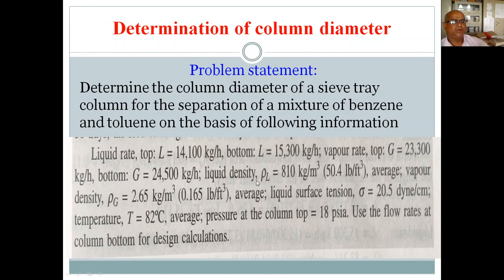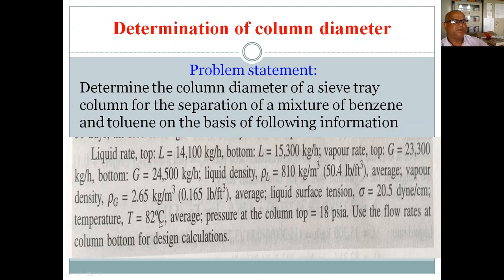Liquid density rho L is 810 kg per meter cube. Average vapor density rho is 2.65 kg per meter cube. Liquid surface tension is 20.5 dyne per centimeter.